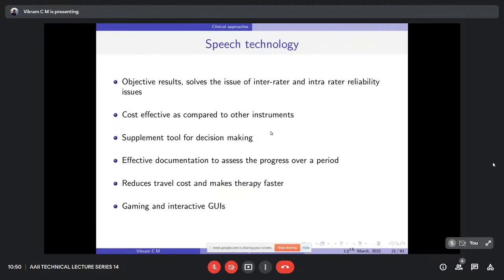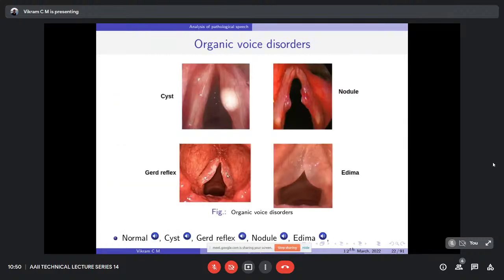And one more thing is the patient can use it for self-assessment, and it can be used with some gaming or interactive GUIs, so it can be more interesting for children with different speech sound disorders.